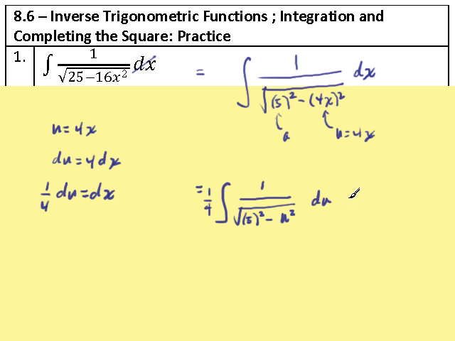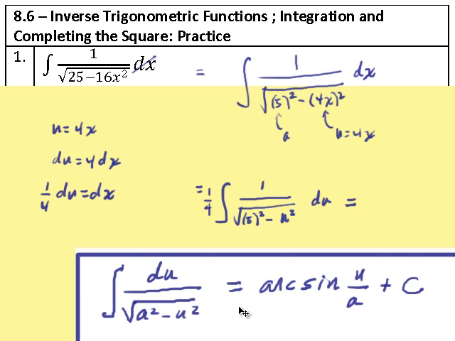And now we know what this is equal to. Looking at this form again, we're going to have a 1/4 in front, and then this is exactly of this form, so this will be equal to arcsine u over 5 plus c.